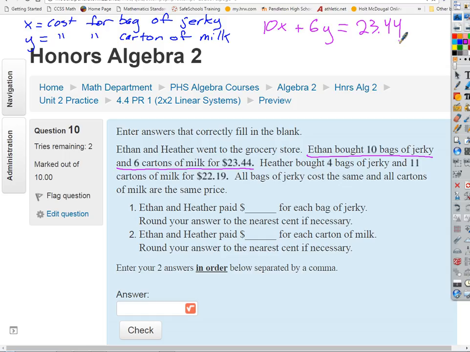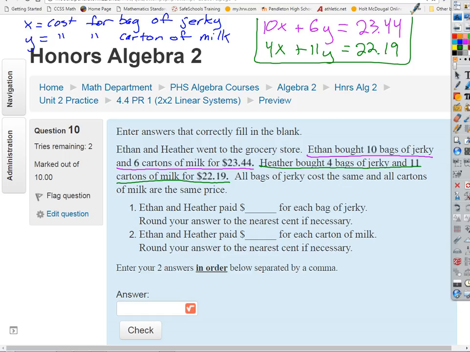Okay? And then Heather bought 4 bags of jerky and 11 cartons of milk for $22.19. So her equation would then be what? 4x plus 11y equals 22.19.